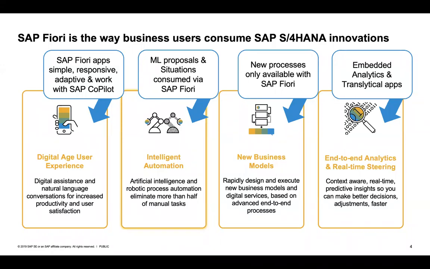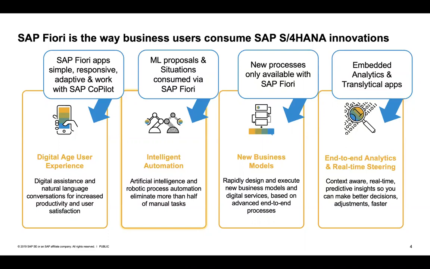Across these versions, 1610 and 1511, you basically got the user experience. In 1709, we started to introduce chatbots with CoPilot. In 1809, we brought in machine learning. In 1909, we brought in robotic process automation and the new Fiori 3 and Fiori situation handling. So these new intelligent enterprise approaches are all accessed via Fiori.